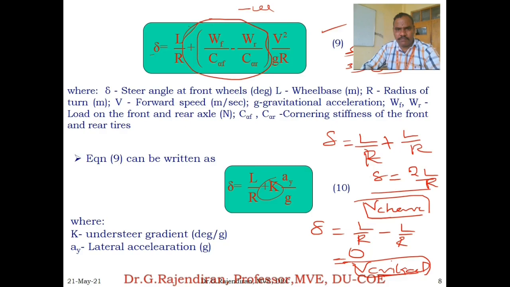Second case, the turning radius is greater than that of the neutral steer, so the driver has to adjust the steer angle towards the constant radius of turn. He has to take the turn inward, against how much it has deviated.